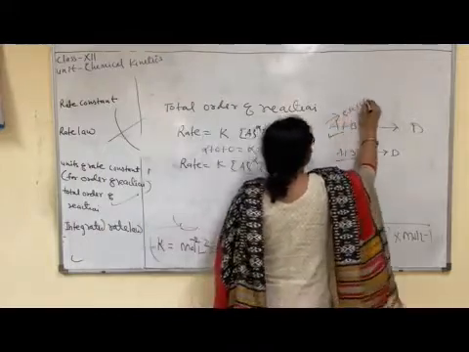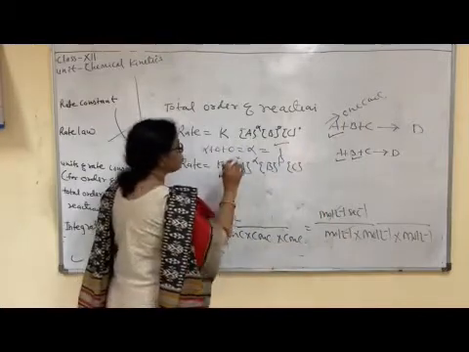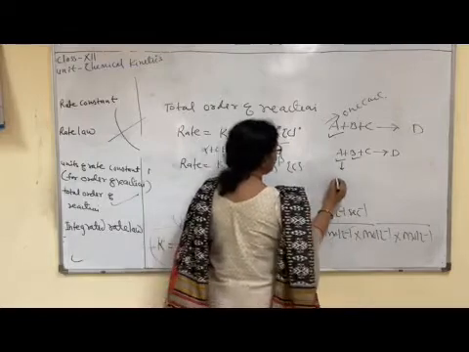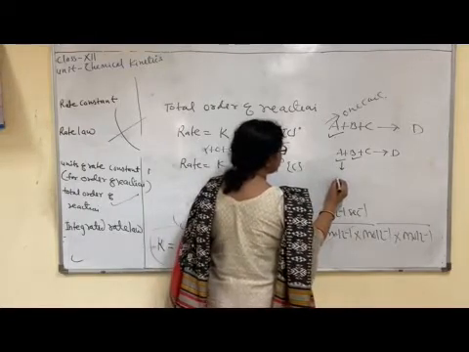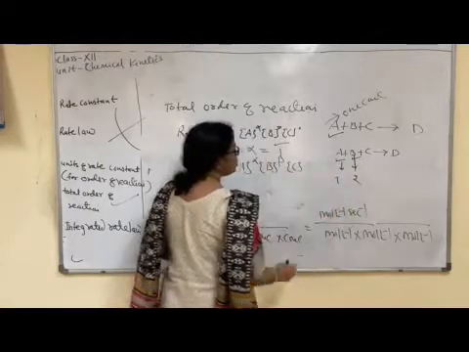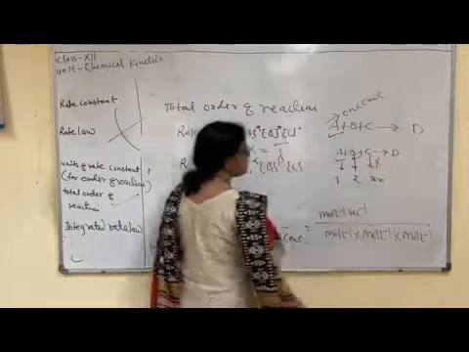Only one concentration term is affecting the rate. In this case, with respect to first reactant, order of reaction is 1, and with respect to this one, order of reaction is 2, and with respect to C, order of reaction is 0, because this is not affecting the rate.